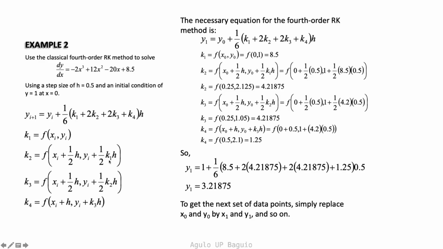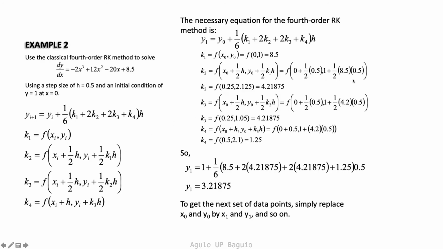We put 8.5 here. We know that h equals 0.5, and y1 is equal to 1. Now h equals 0.5 and x1 is equal to 0. So that means we're now solving for f of 0.5 divided by 2 and 1 plus 1 half times 8.5 times 0.5.